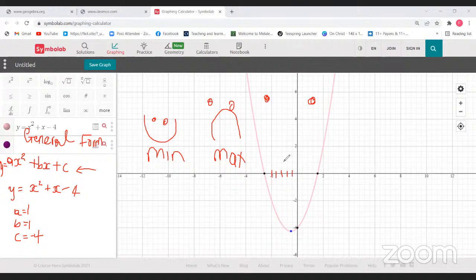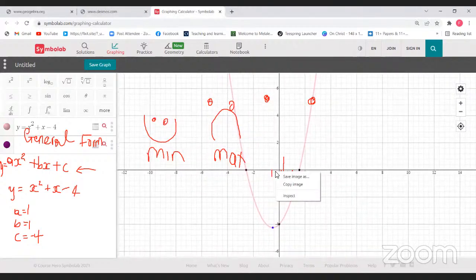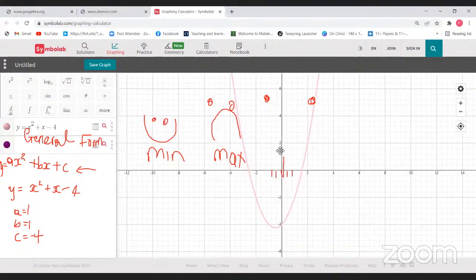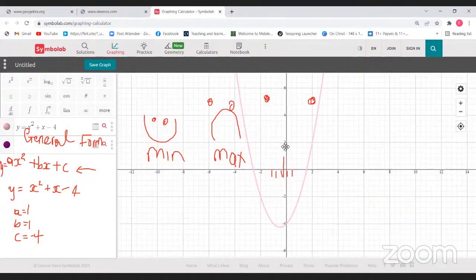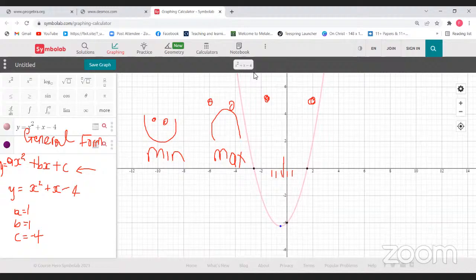Not 2.5, it would be in between, in terms of the strokes.